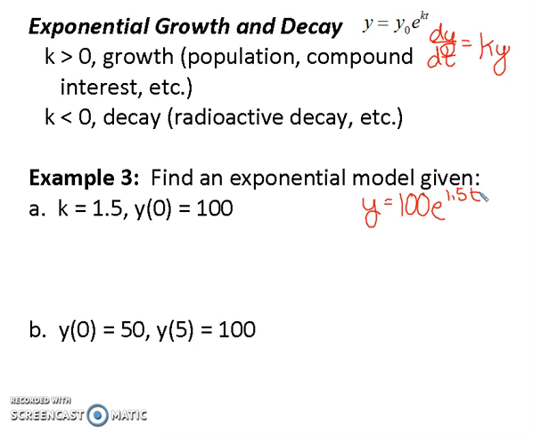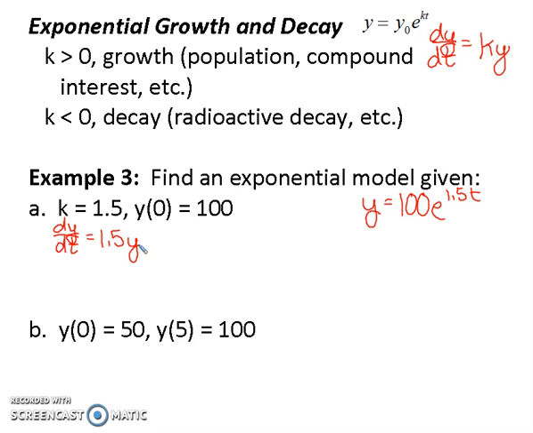But let's say that you didn't remember that, but what you did remember is that always and forever, your differential equation is dy/dt equals ky. So how could that differential equation lead me to y equals 100e to the 1.5t?